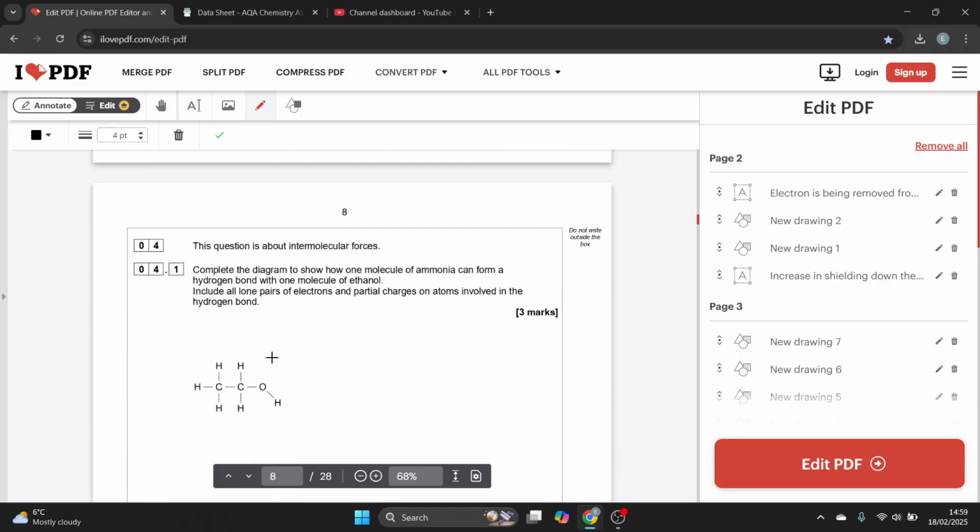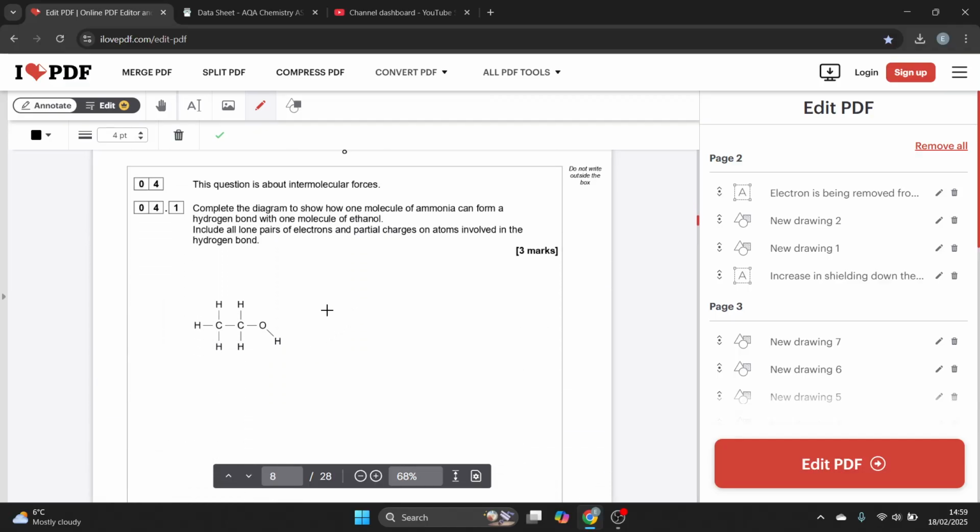Then it says complete diagram to show 1 molecule of ammonia can form a hydrogen bond with a molecule of ethanol. So ammonia, NH3 with a lone pair of electrons, hydrogen partially positive, this is partially negative. And what I want to show really, 1 molecule forms a bond.